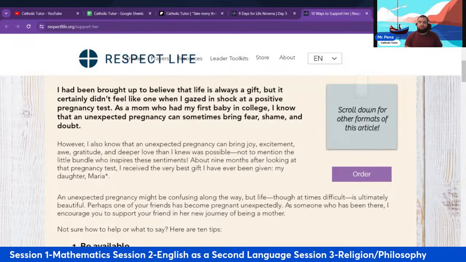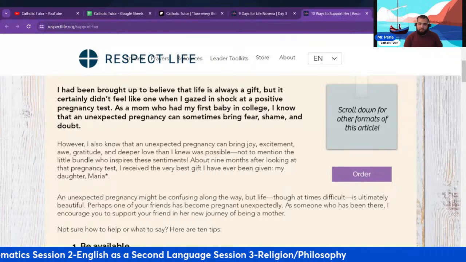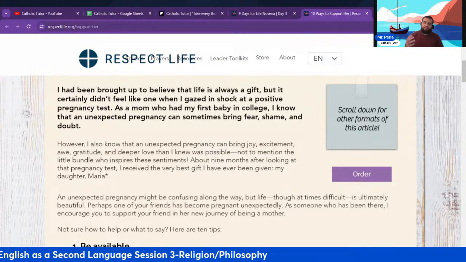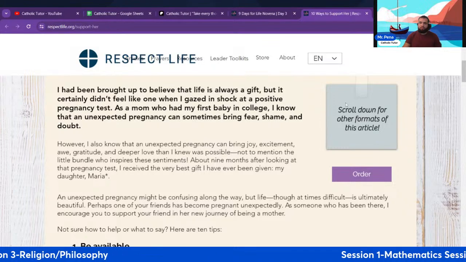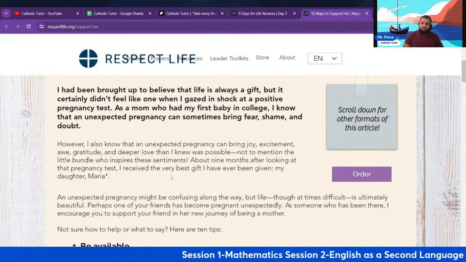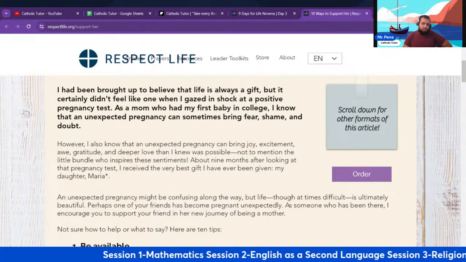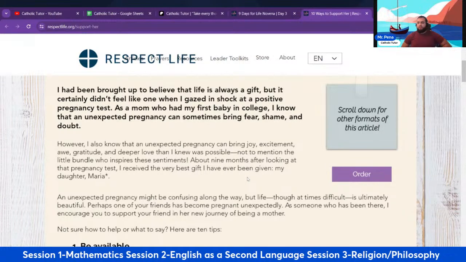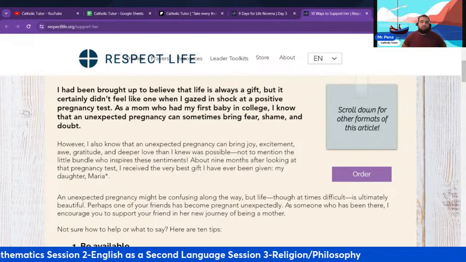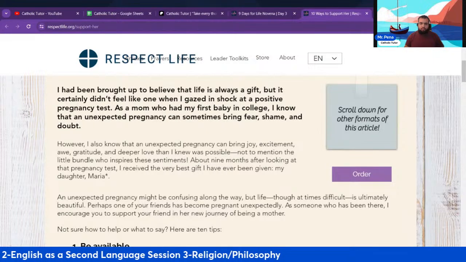About 9 months after looking at that pregnancy test, I received the very best gift I have ever been given, my daughter, Maria. An unexpected pregnancy might be confusing along the way, but life, though at times difficult, is ultimately beautiful.